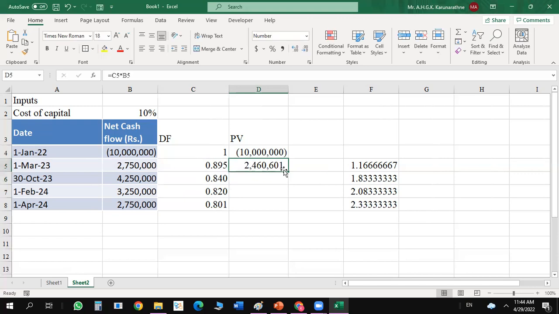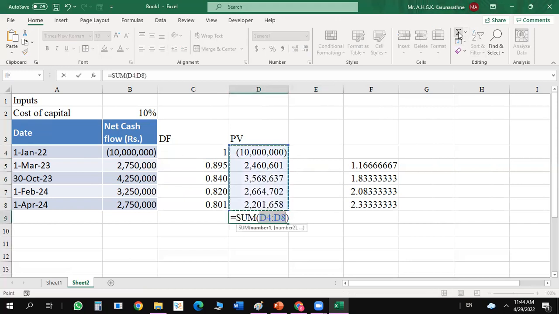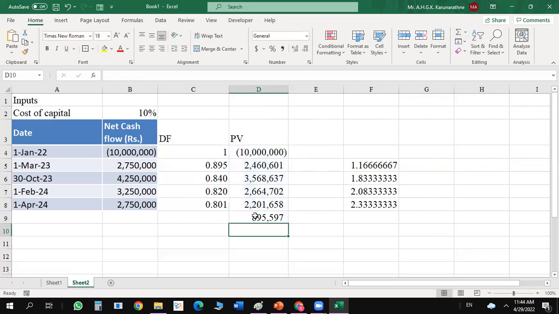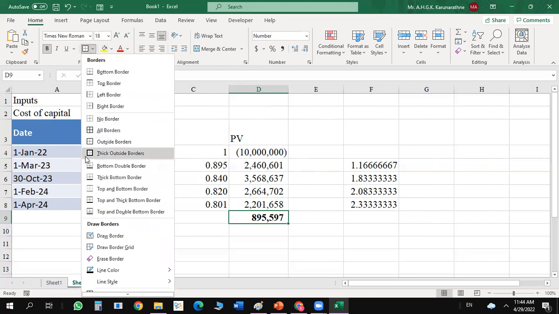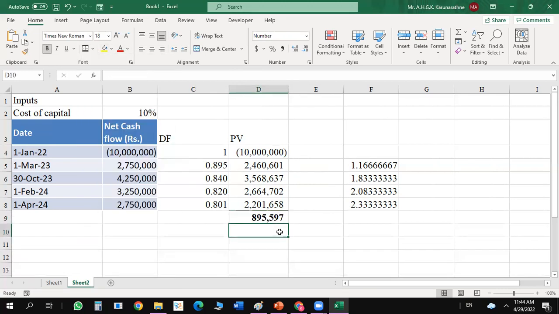Copy this down by double clicking the small plus mark, then it is done. So this is our NPV using the traditional manual approach, the method we did manually, done in Excel.